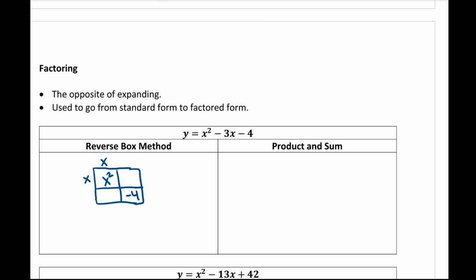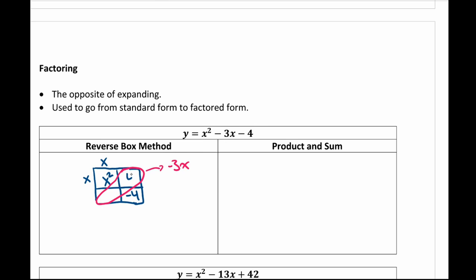And there are a couple options, so how do you know which one is correct? Well, because we know from adding these two terms, we always got the middle number, which in this case was -3x. So the two numbers I find that multiply to -4 have to add up to -3. So two numbers that multiply to -4 but add to -3.